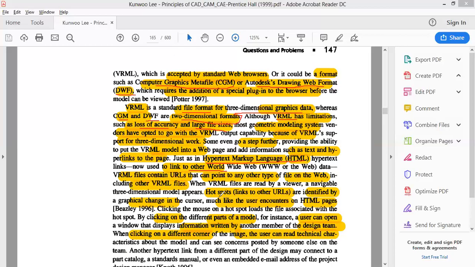So these are some of the types of formats used for our modeling systems, especially for CAD, CAM, and CAE files that can be accessed through the web, which can be shared through the web, okay? So this is the need for web-based modeling. These are some of the formats that are generally used in web-based applications.